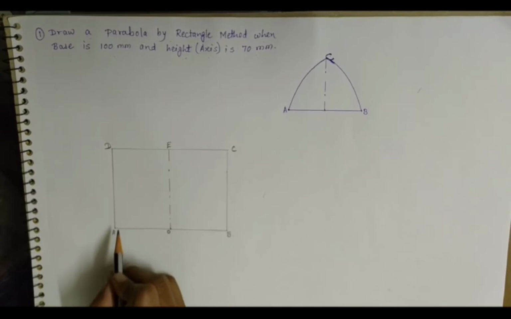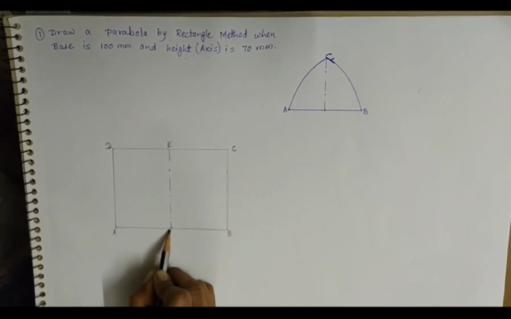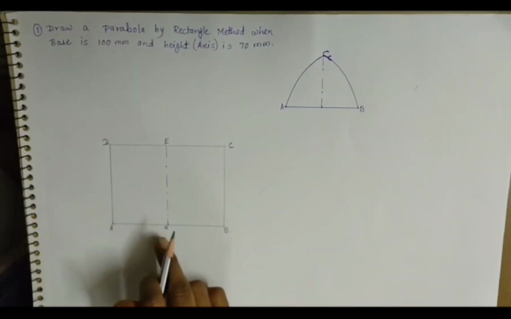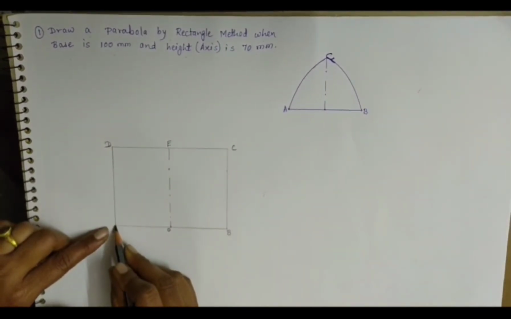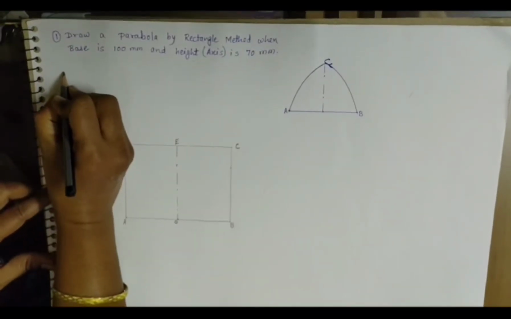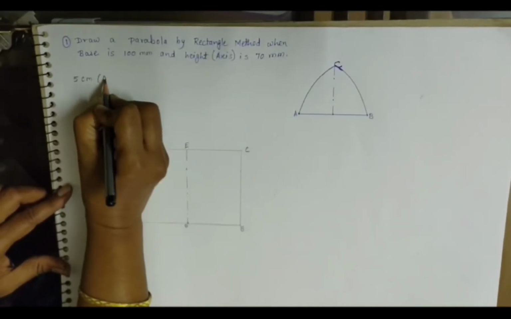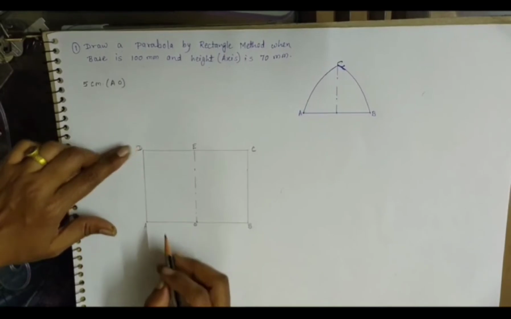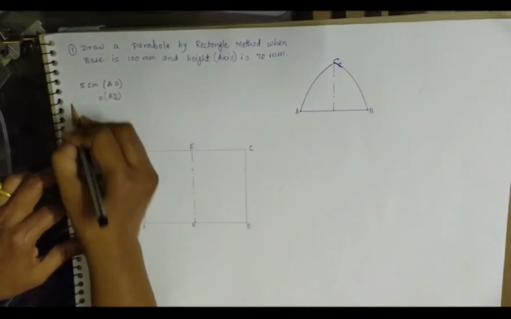Now, we will divide this horizontal line AO and this vertical line AD into the same number of equal parts. This AO length is 5 centimeter, and this AD line is 7 centimeter.